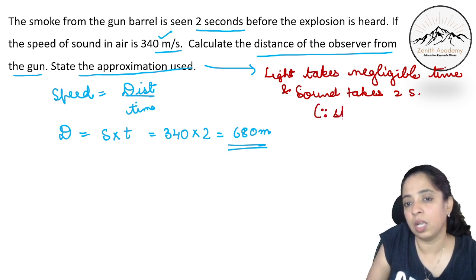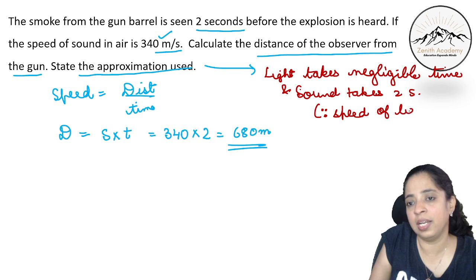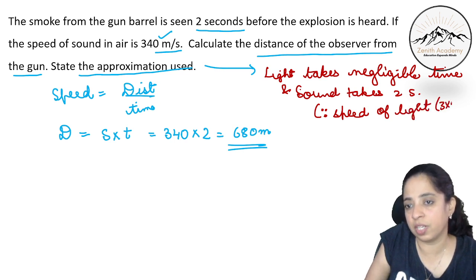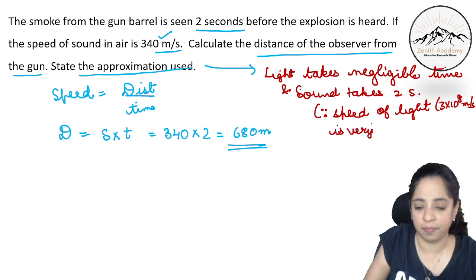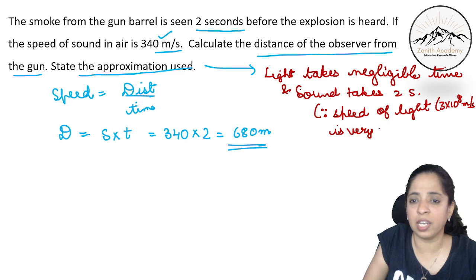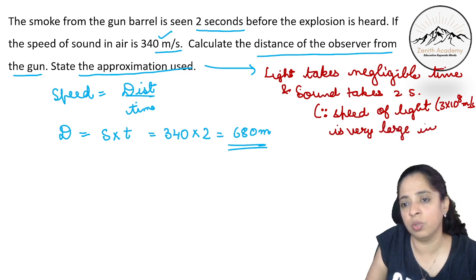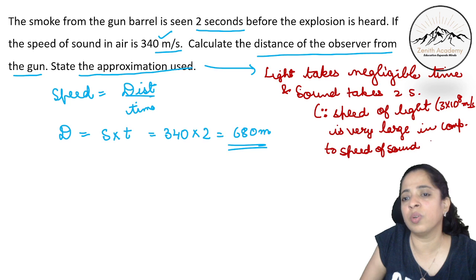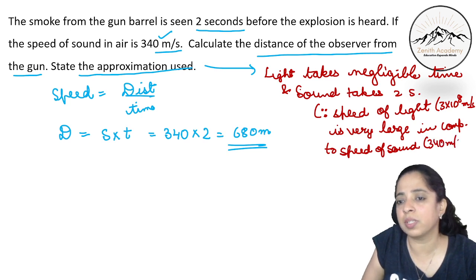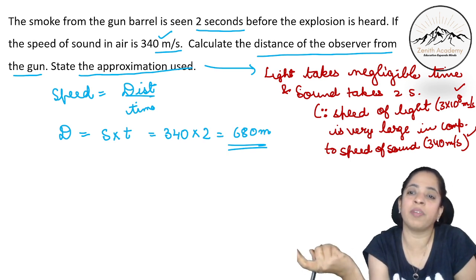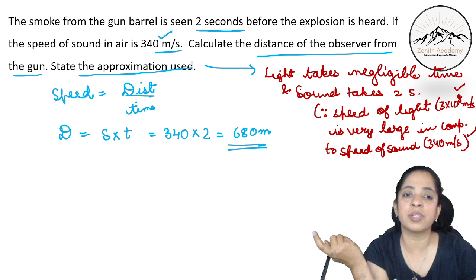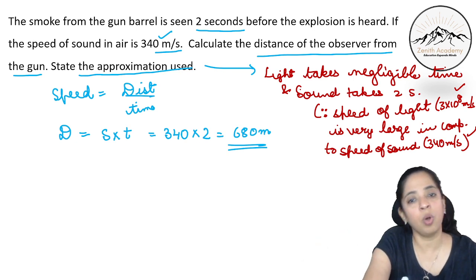Since speed of light, which is 3 into 10 raised to power 8 meter per second, is very high, right? Is very large in comparison to speed of sound. And we know both of these, so write, which is around 340 meter per second. It is better to mention if we know already speed of light and speed of sound. So why not to impress the examiner, isn't it? I hope you have understood this.